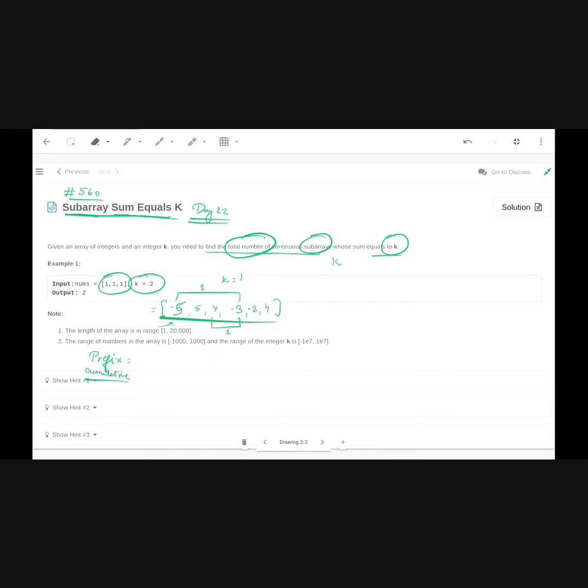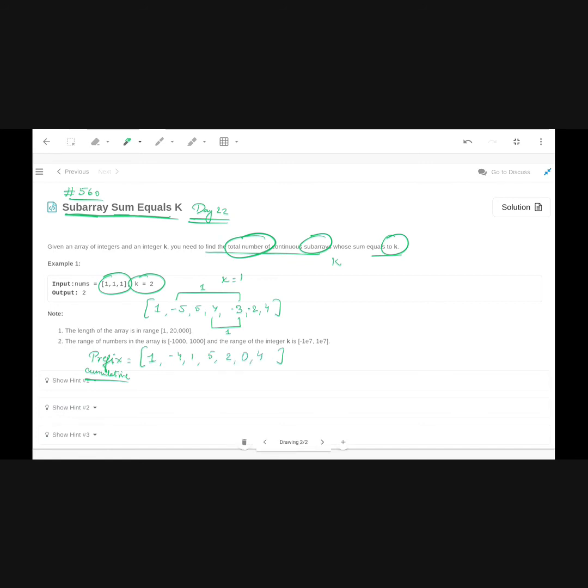I'll just modify the original array a bit to explain my example in a better way. Let's say this is 1. Now let's construct a prefix array. Here it becomes 1, -4, 1, 5, 2, 0, and 4.